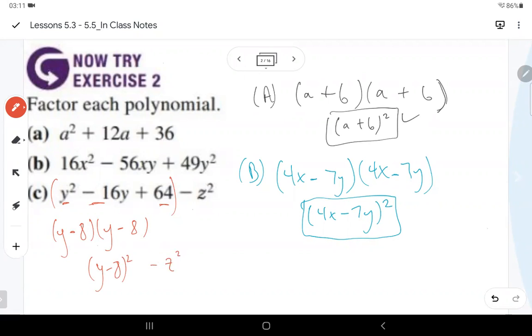Again, we have now a perfect square binomial. So we would write that as y minus 8 plus z, and then y minus 8 minus z.